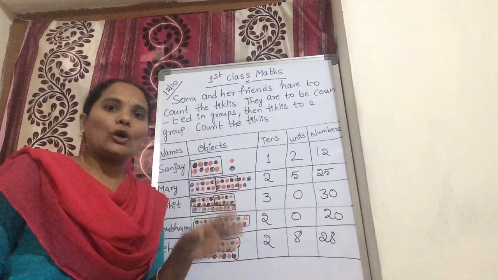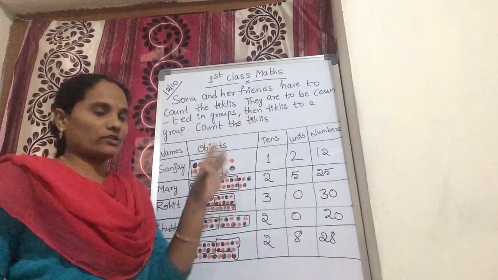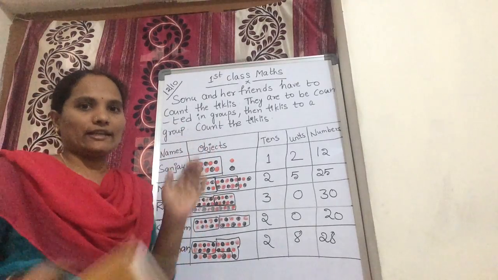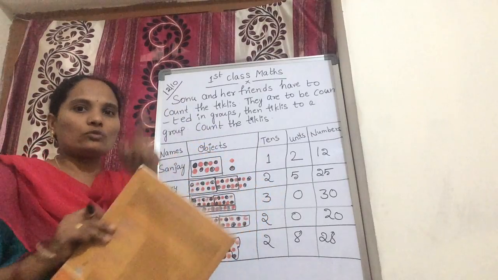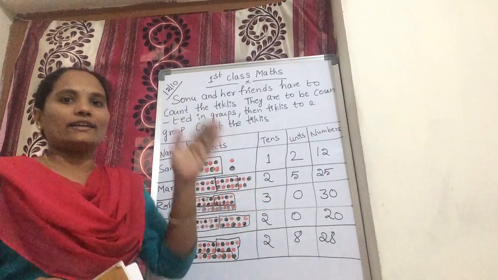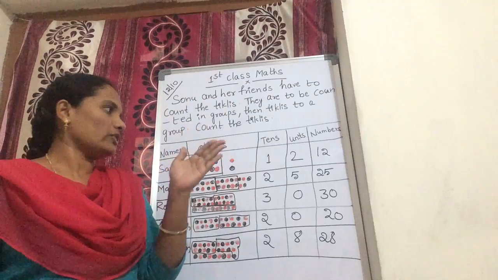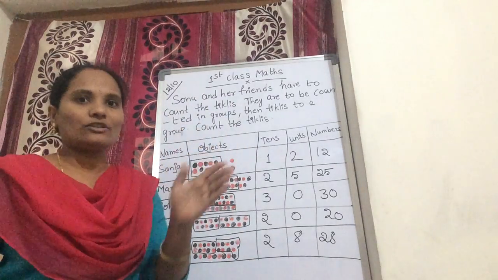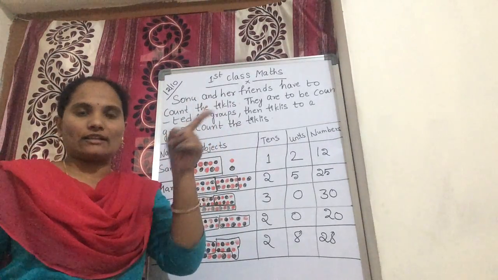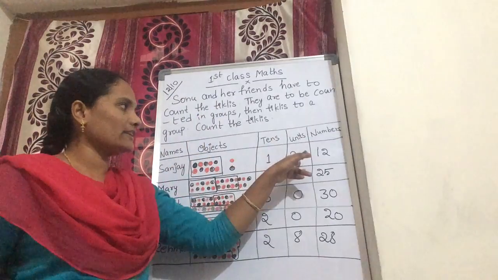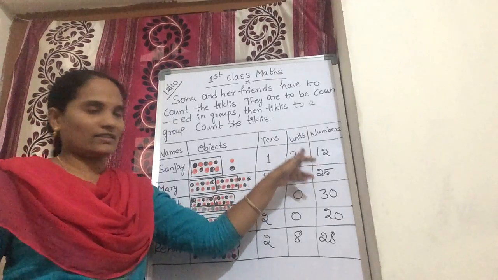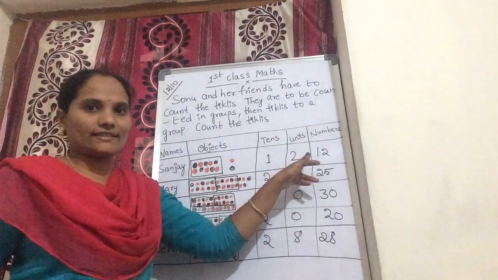How to put this in a square box? First we count 10, 10, 10 in groups. First you count 10 ticklies. You put a box. Then again count the remaining. Remaining are 10. Again you put one box. Single ones are there. You should write them in units.